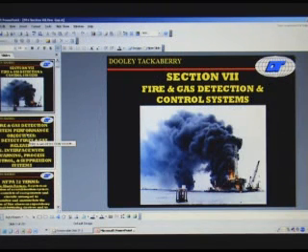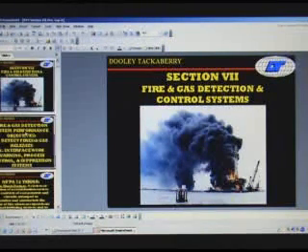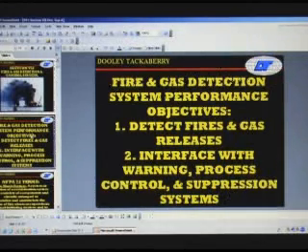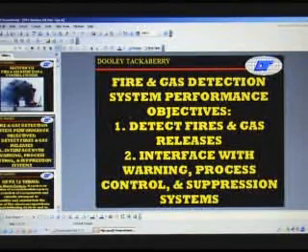This is a fire gas detection control system. Basically, a fire gas detection system detects fire and gas releases, and interfaces with warning, process control, and suppression systems.